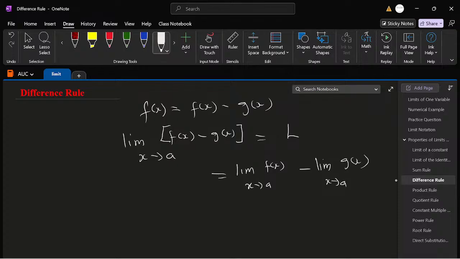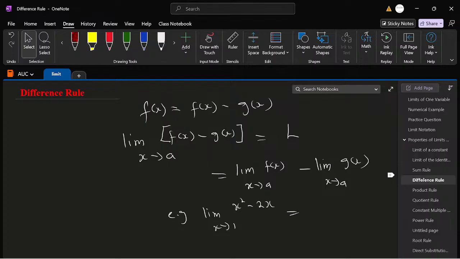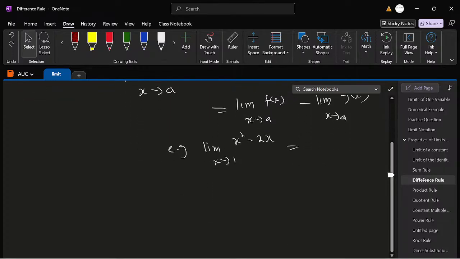Let's look into an example. For instance, you have the limit as x approaches 1 of x squared minus 2x. What will this be equal to? You can simplify this by applying the property of the difference of two functions.